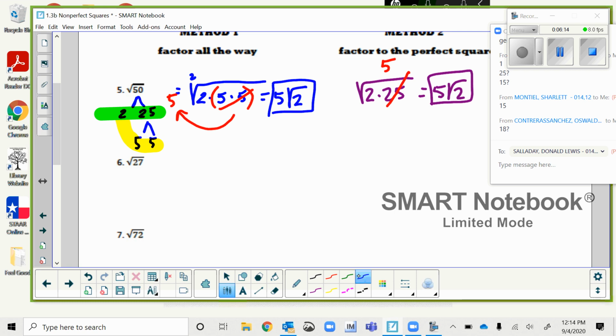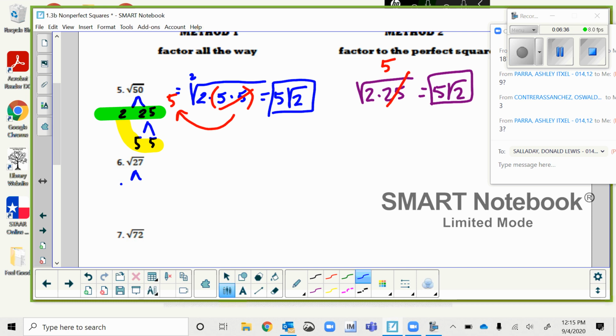So 6, we're taking the square root of 27. Tell me the smallest number that goes into 27. Even smaller than 18. 9, even smaller than 9. 3, yes, let's start with 3.